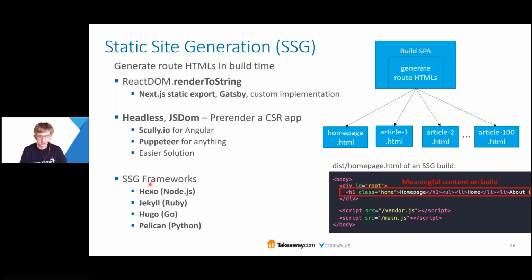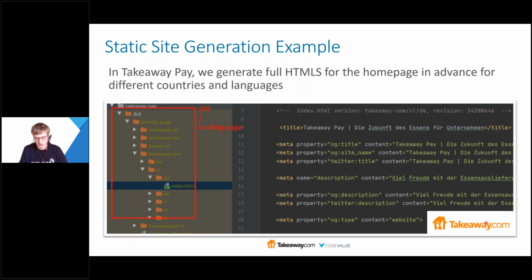Okay, so here's an example in takeaway.com, sorry, in Takeaway Pay, takeaway.com/takeaway pay that we built here in Tel Aviv. What we do is we create something like 30 or 40 index HTMLs in advance for every combination of country and language. Why do we do it?